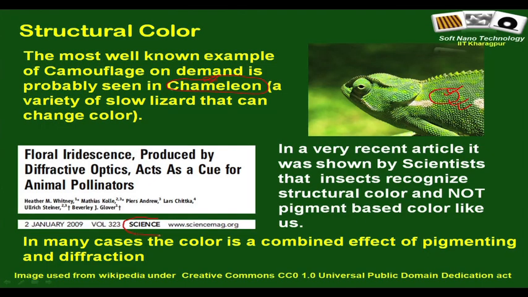In fact, insect eyes double up as microscopes, because it was shown in a landmark 2007 Science paper by a group of researchers at Cambridge University that insects actually identify some structural color. They actually identify the structures.